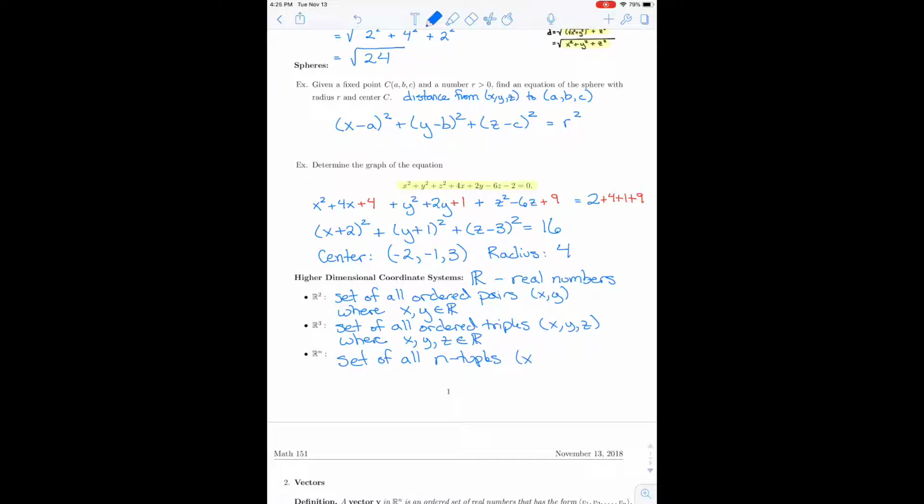These are coordinates x1, x2, all the way down to xn, and each of those numbers is a real number.